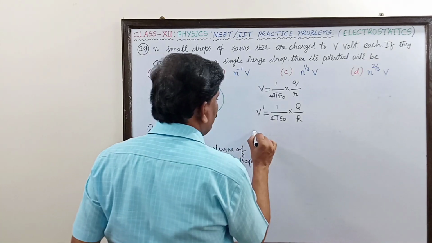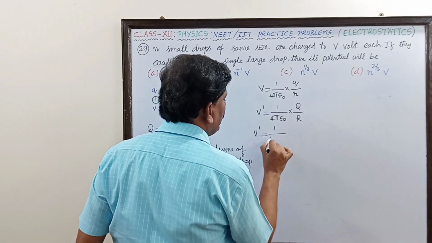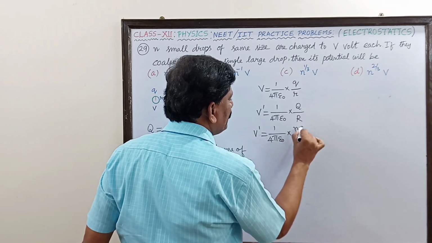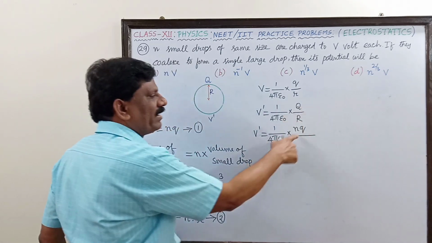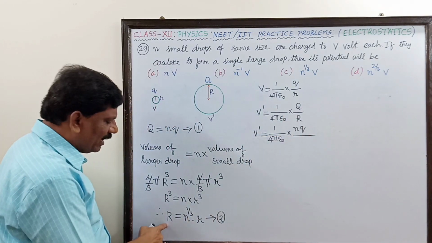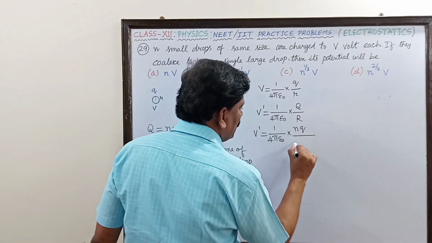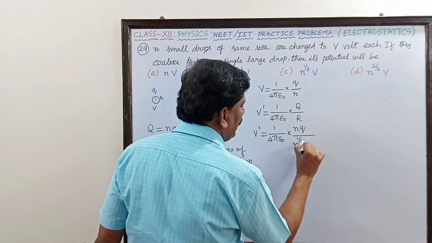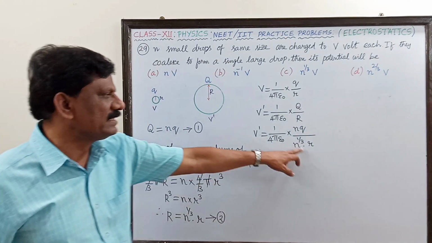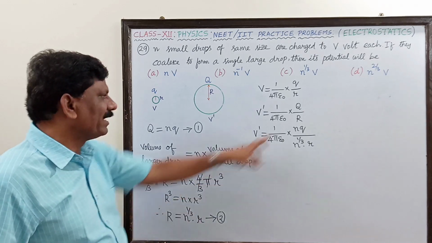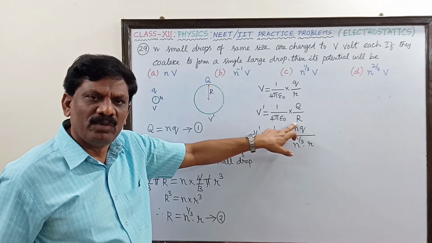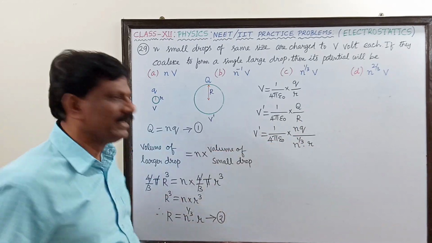So V dash is now equal to 1 by 4 pi epsilon naught multiplied by n times small q. In place of capital Q, n small q I have substituted. In place of capital R, this is n power 1 by 3 into small r. Have you understood this step? I have substituted for capital R. Okay children, now you see here n power 1 in the numerator, n power 1 by 3 in the denominator.